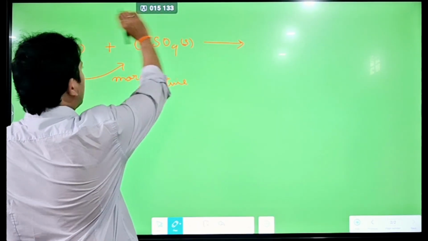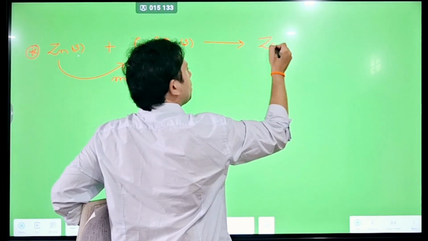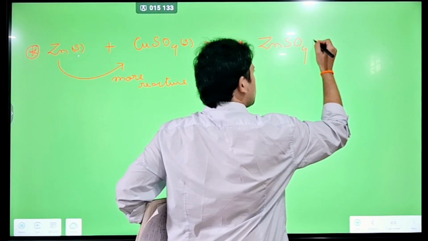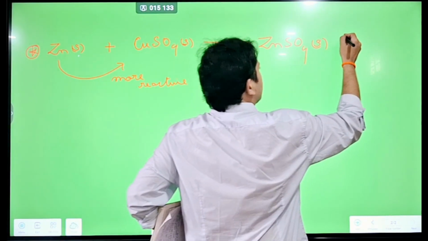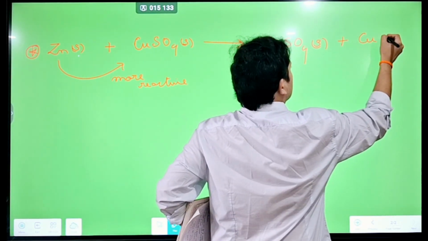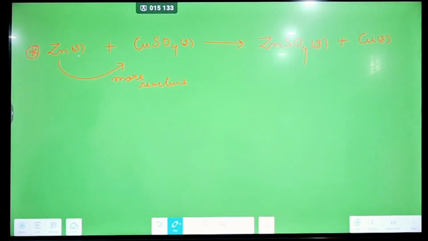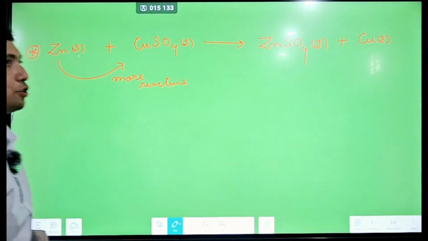So what will happen now? Zinc will take sulfate and become ZnSO4, which is a solid, so bracket S, plus Cu. Okay. This is another example of a displacement reaction.